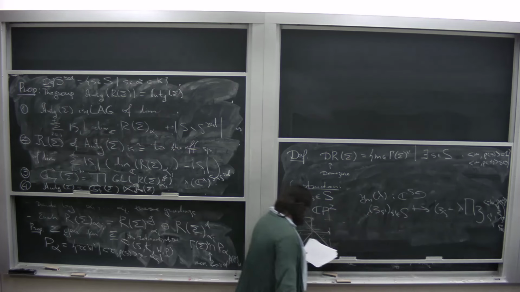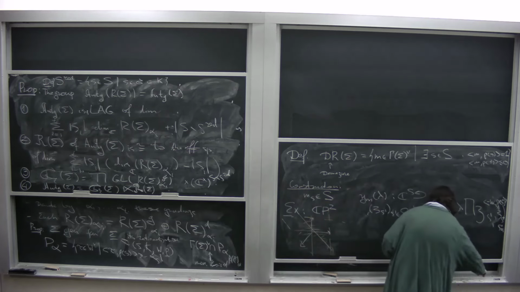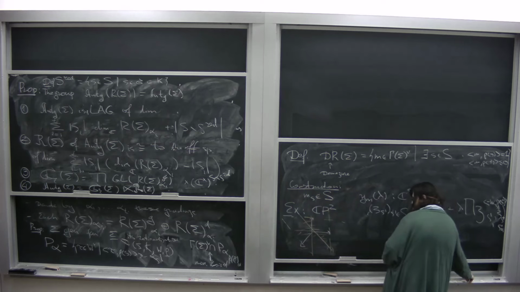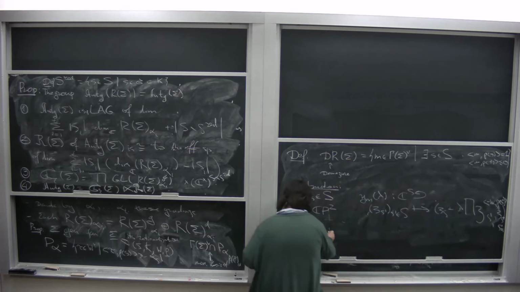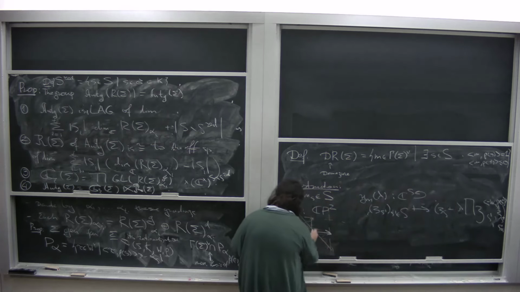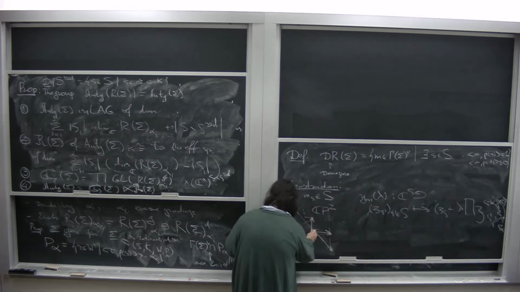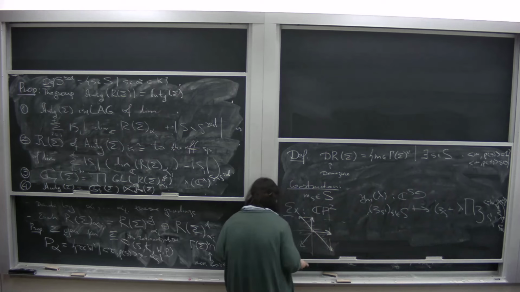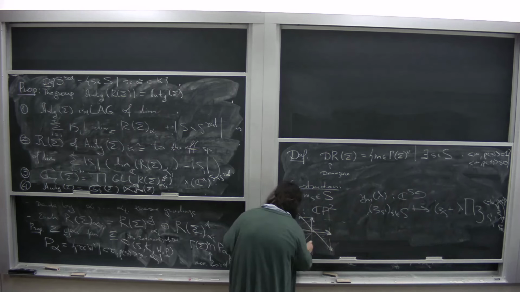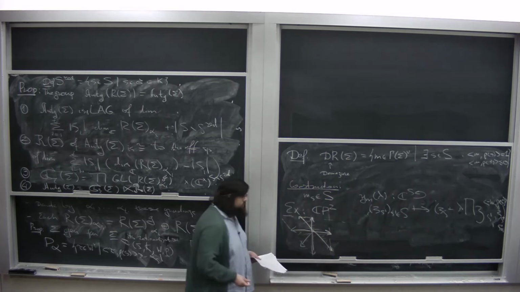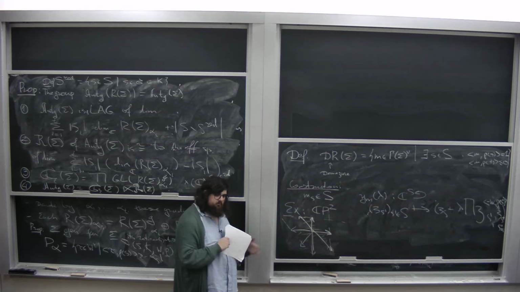And the claim is that we have the following roots. So we have a root like this, a root like this, a root like this, a root like this, and two roots like this. This sort of corresponds to the root system that you expect.